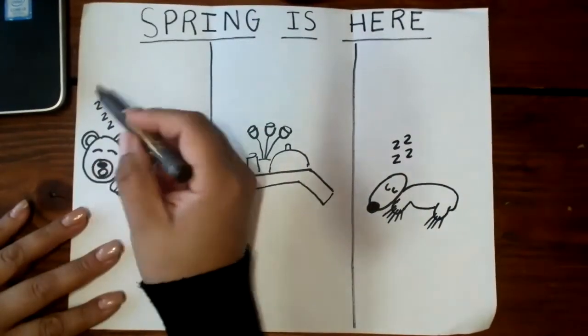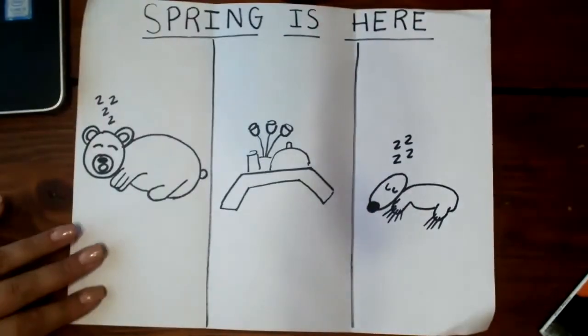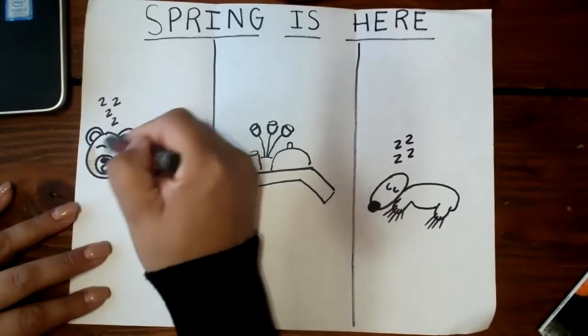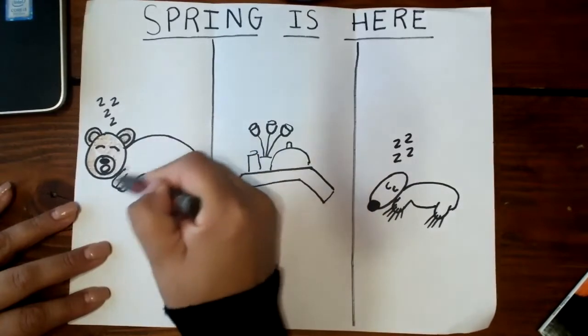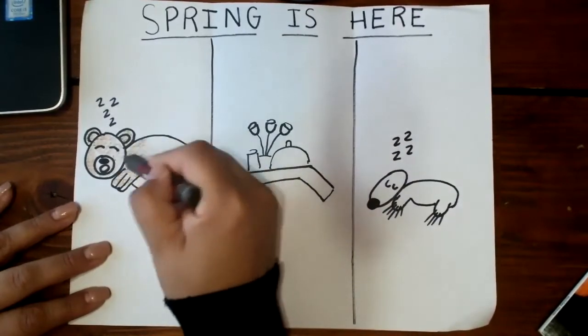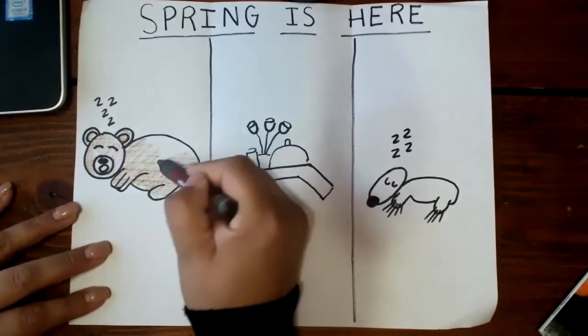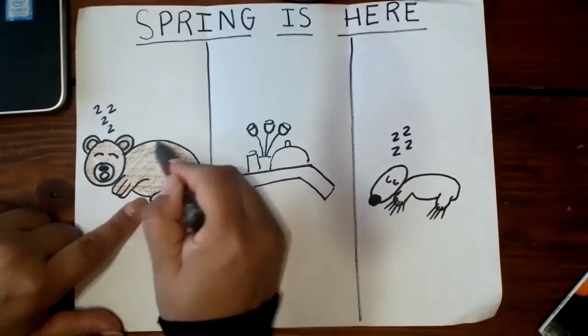And for the coloring, in the story, the bear is brown. So I'm gonna color my bear. My picture is getting little lines, and that's because of my table.